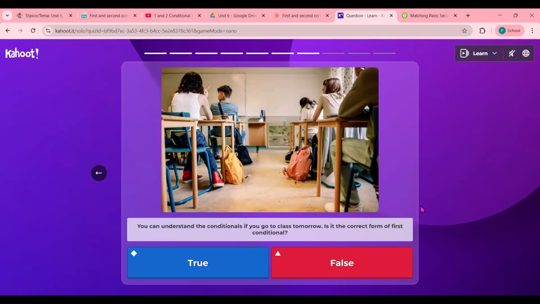My dear Diana Tovar, could you read the sentence and question? You can understand the conditionals if you go to class tomorrow. Is it the correct form of first conditional? Okay, this sentence, my dear Diana, it is a possibility, true or false.